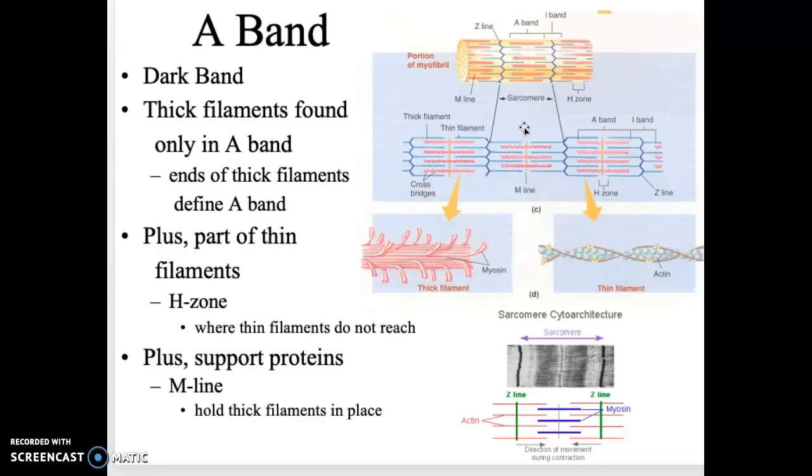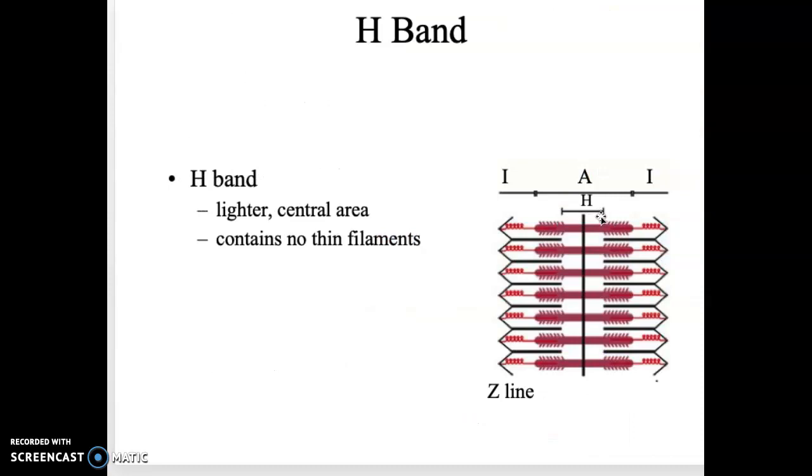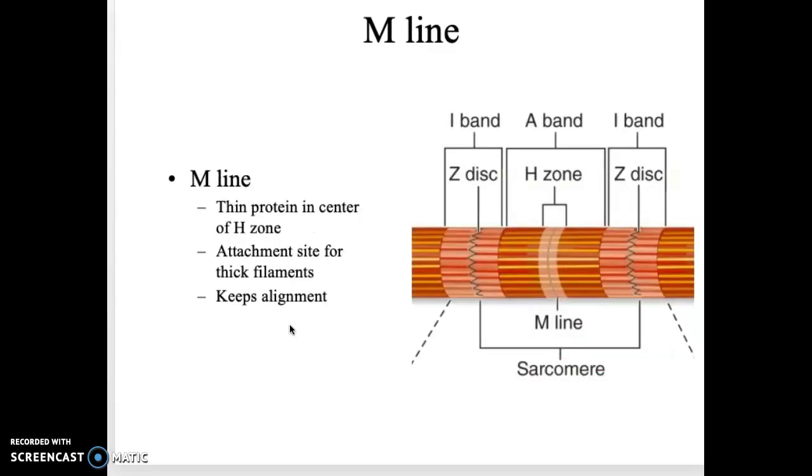There's an M-line right in the middle that anchors all of these to each other, cleverly named for middle line. The H-band is a small part within the thick filaments that is just thick filaments, just the darker filaments. There are no thin filaments here. And the M-line, like I said, is this thin protein in the center, and this is where the filaments attach.